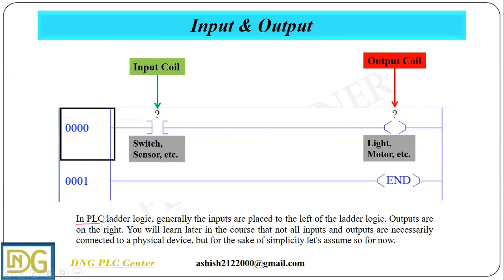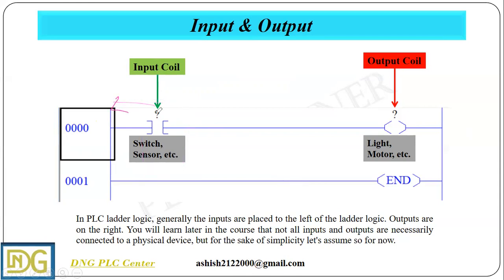In PLC ladder logic, generally the inputs are placed to the left of the ladder logic. When you are making ladder logic programming, always place the input instructions on the left side.